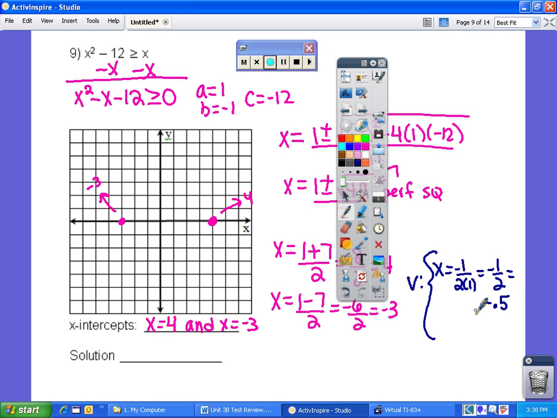So now we take the negative 0.5 and put it back into the original. So negative 0.5 squared minus negative 0.5. Oh, it's not negative, sorry. It's positive. It's positive because the 1 was already negative, and you have to negate that. So it's positive, positive. And then you're going to see what that equals.